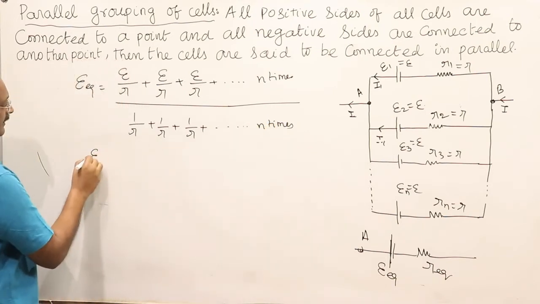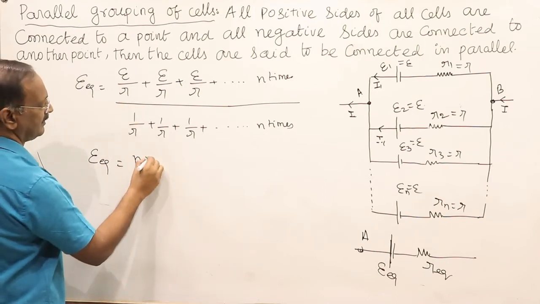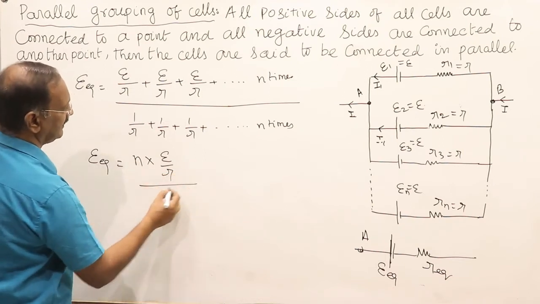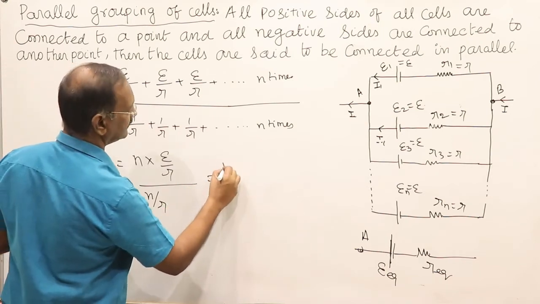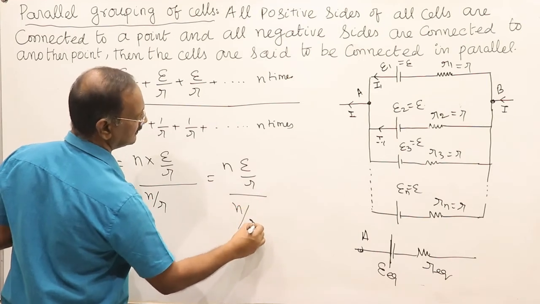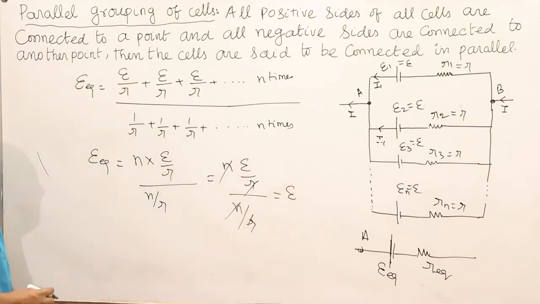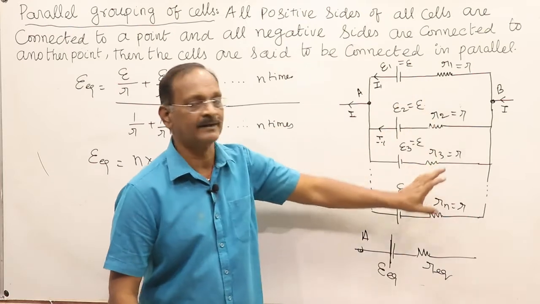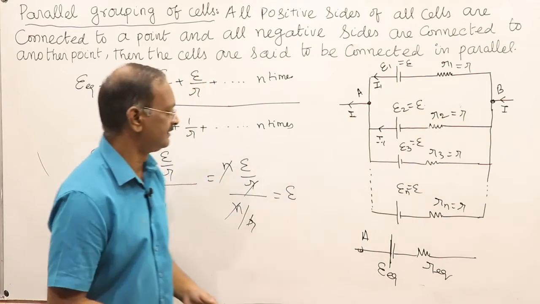Or we can write E equivalent is equal to n times E by R divided by n times 1 by R. So this is equal to n epsilon by R by n by R. This cancels, this cancels, and it is equal to E. It means we can come to the conclusion: if n identical batteries are connected in parallel, the net EMF is equal to the EMF of one cell.